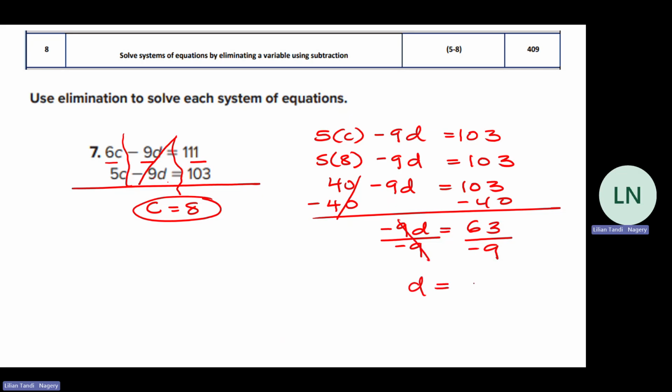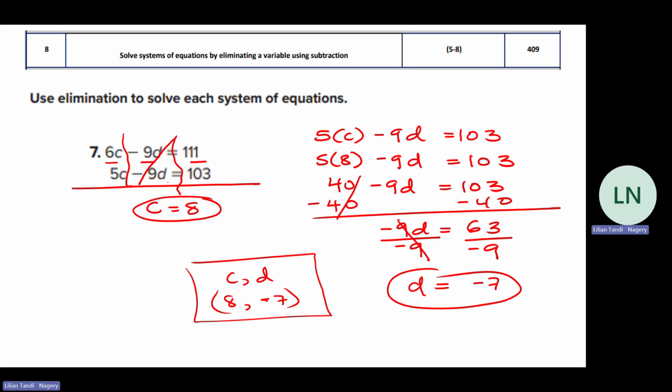D should be negative 7. Then C comes before D. So 8 comma negative 7. And this is your answer for question 7.